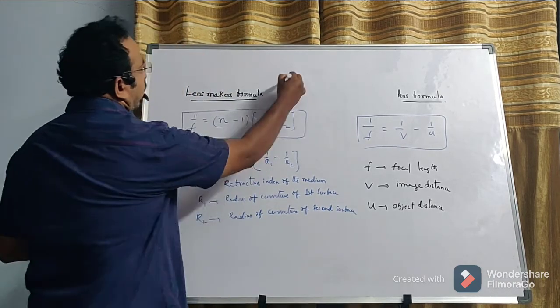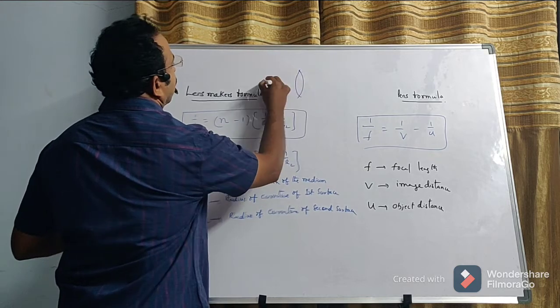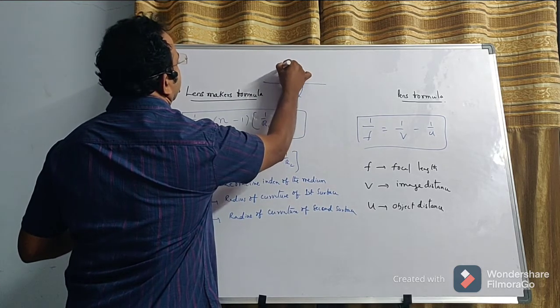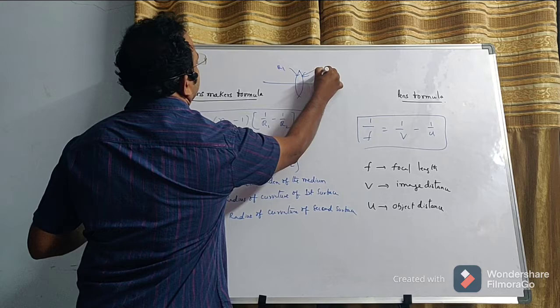For example, for a lens, r1 is called the first surface and r2 the second surface.